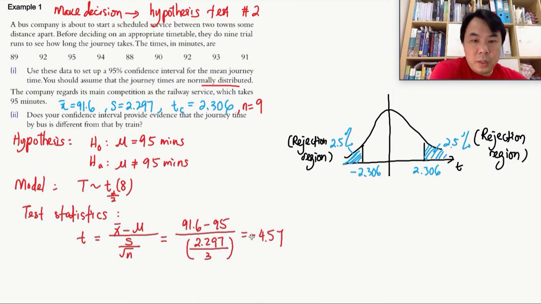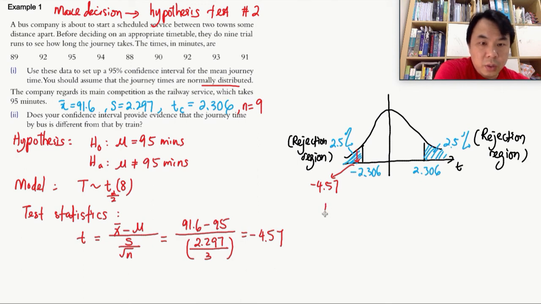So now from here, we notice that this value is negative 4.57, which actually falls within that rejection region. Therefore, we have significant evidence to support that we can reject.